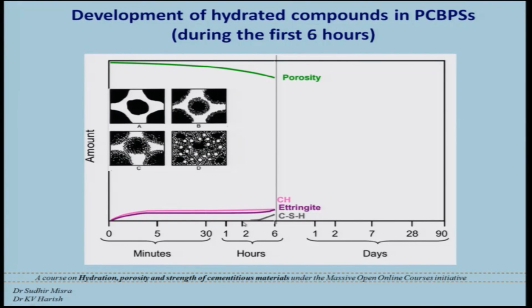But at a time between say 2 to 4 or 5 hours, we see that calcium silicate hydrate gel, which you can see around the unhydrated cement grain, slowly starts building up, and the calcium silicate hydrate gel also increases slightly. And when ettringite and calcium silicate hydrate gels are formed at about 6 hours, the porosity also starts decreasing a little steeply.